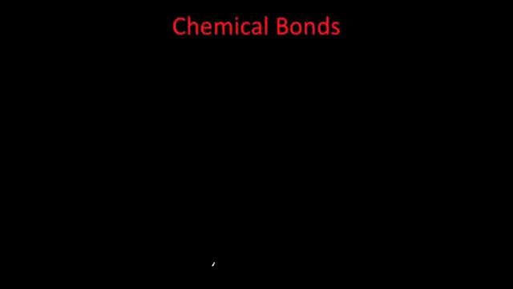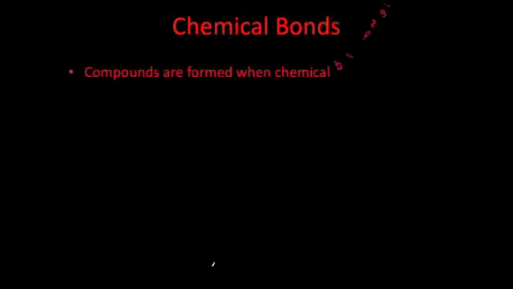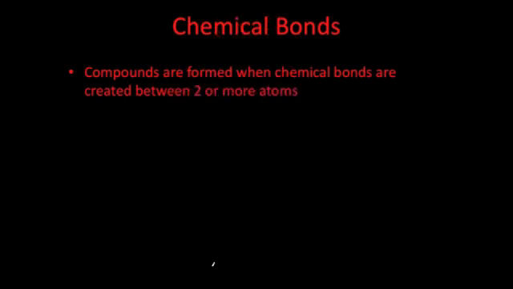All right, well, chemical bonds are when two or more atoms are either sharing electrons or they give or take electrons from one another. All right, so compounds are formed when chemical bonds are created between two or more atoms. Chemical bonds form when electrons of two or more atoms are either lost or gained or shared between those atoms.